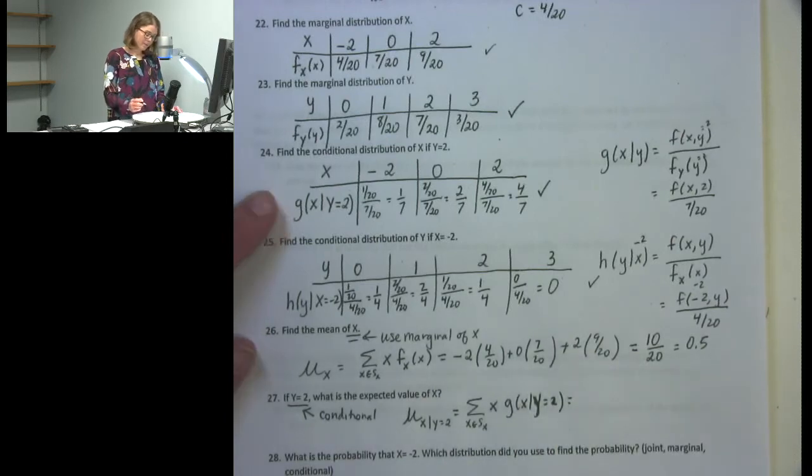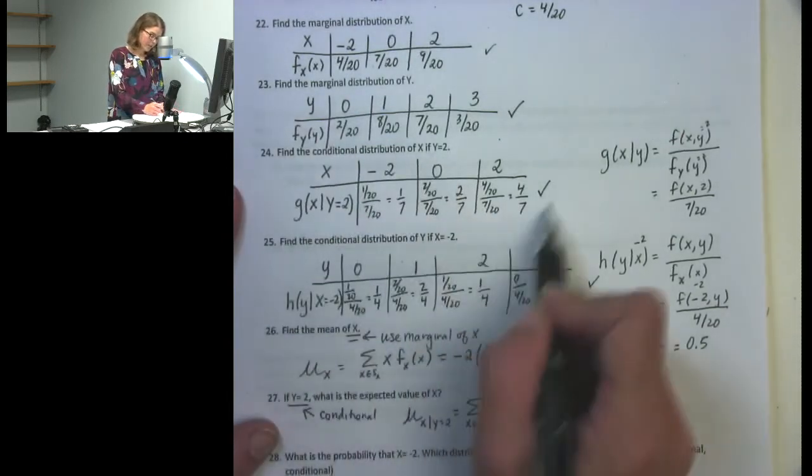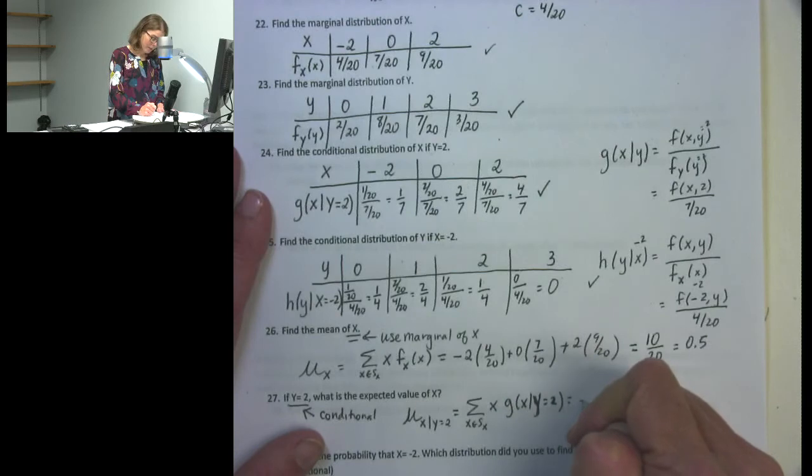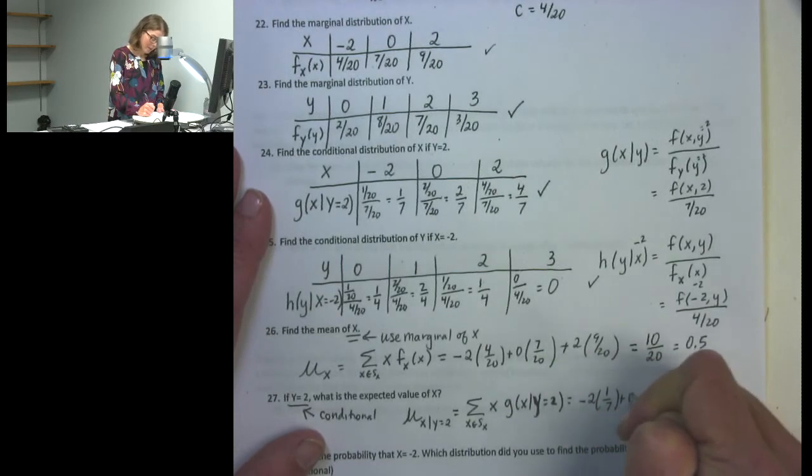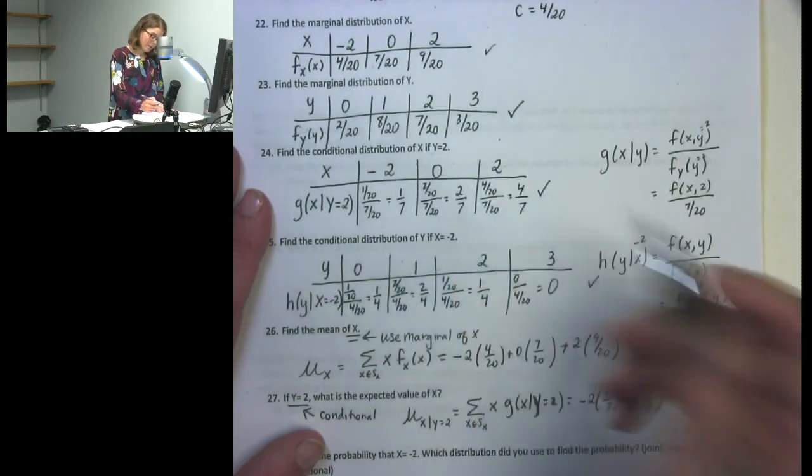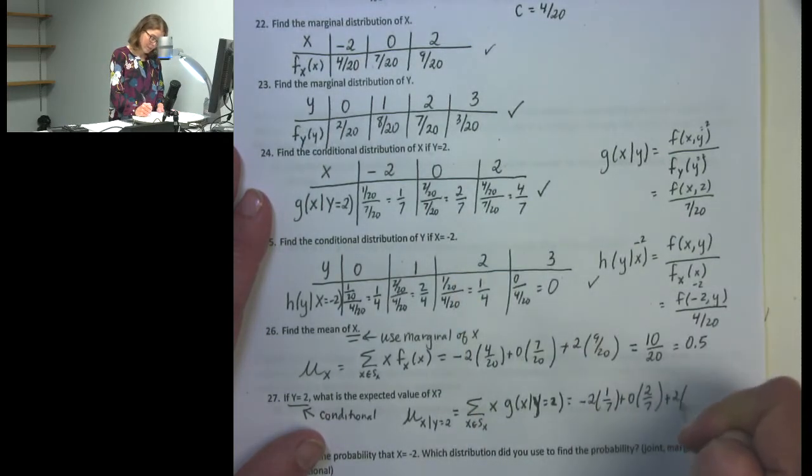So I'm using this conditional distribution if y equals 2. So I have negative 2 times 1/7 plus 0 times 2/7 plus 2 times 4/7, which gives me 6/7.